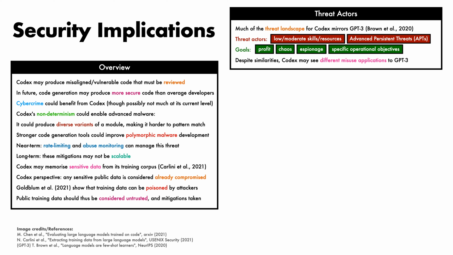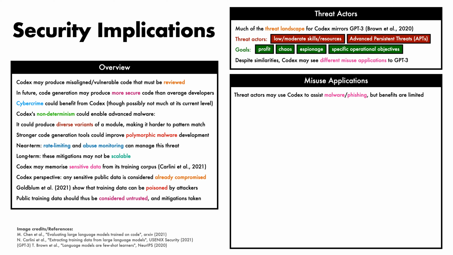We can expect that threat actors may use Codex to assist malware authorship and phishing attacks, but the benefits here may be somewhat limited relative to conventional techniques. The development of polymorphic malware discussed previously may be one exception where Codex brings considerable advantage to threat actors.